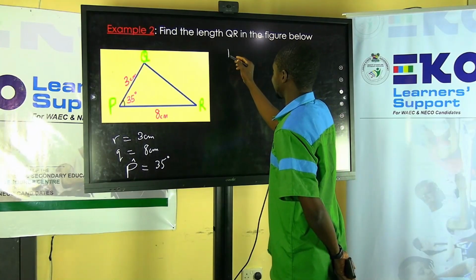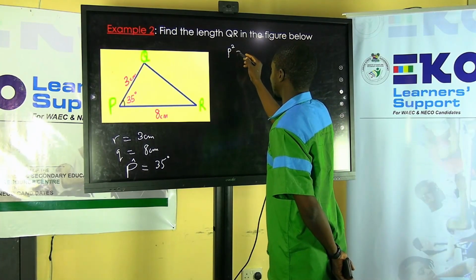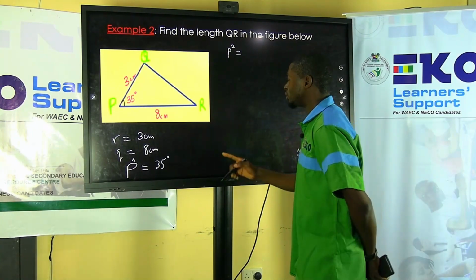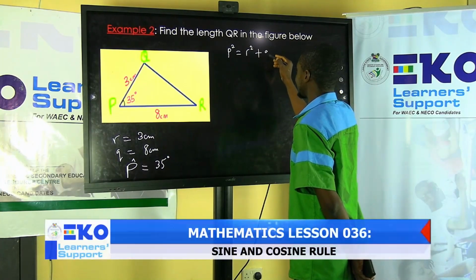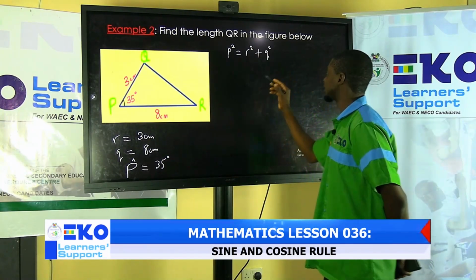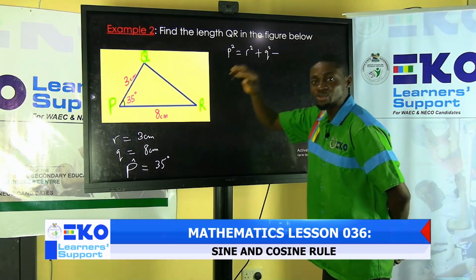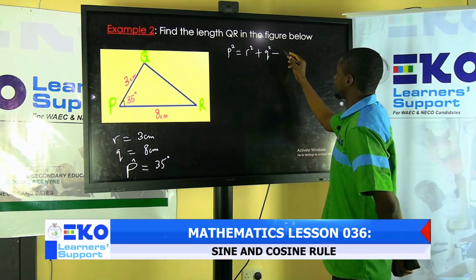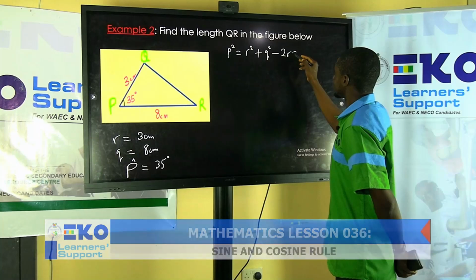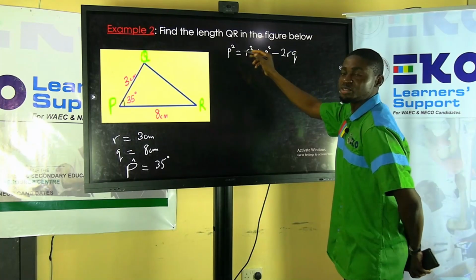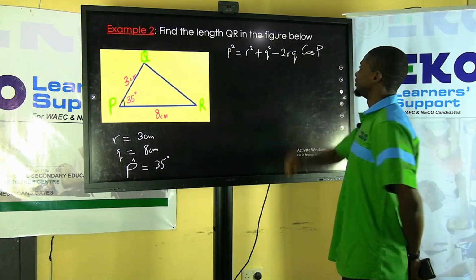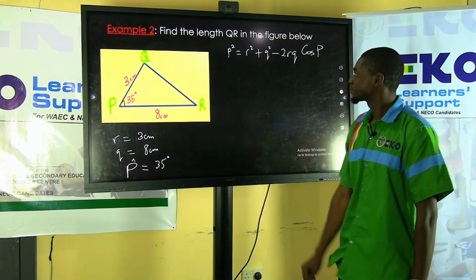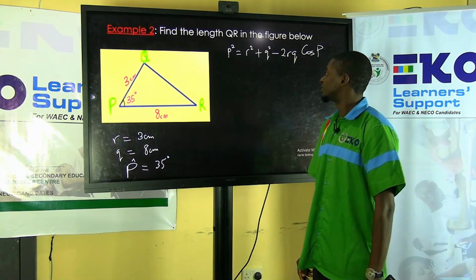Small p square with a bag. She's here to return home. The 2 friends, R square plus Q square, they go home first, minus, they now go back to look for the friend the second time, 2RQ, the mother of the missing daughter will follow, cos P. You find that interesting? Yes. You will not forget that in time.